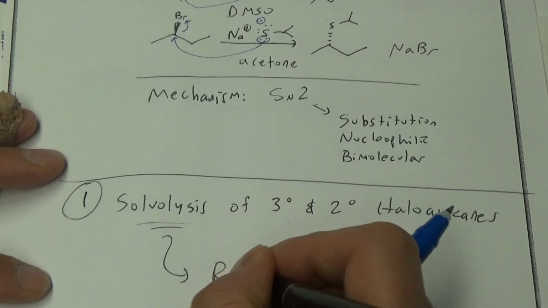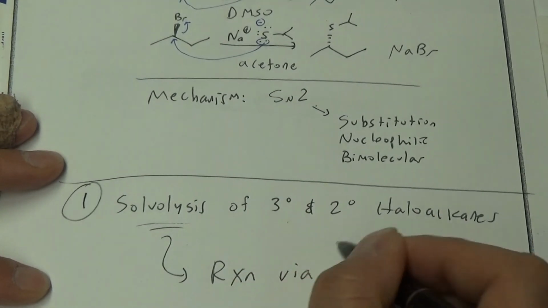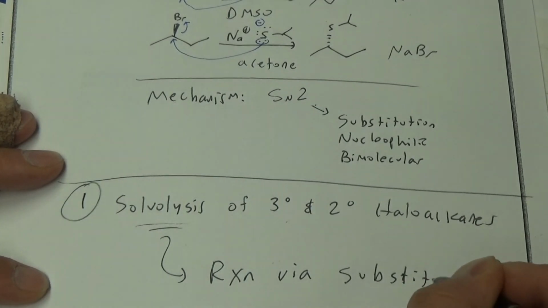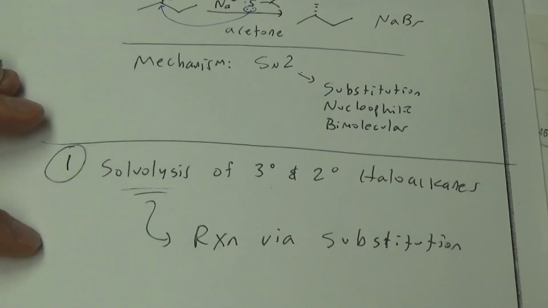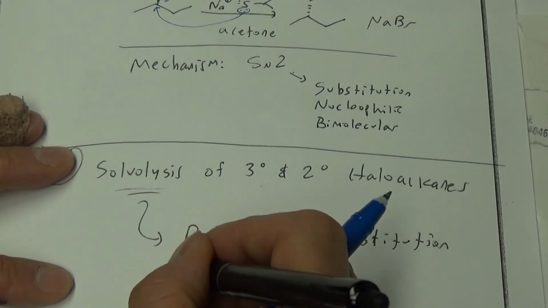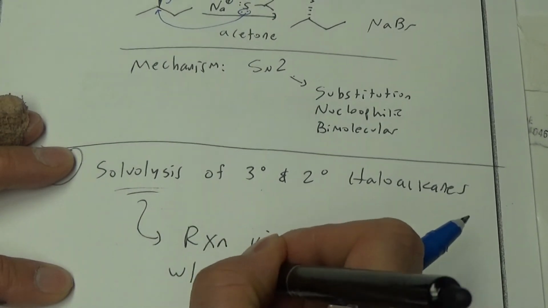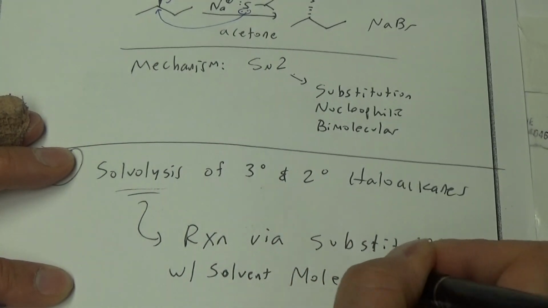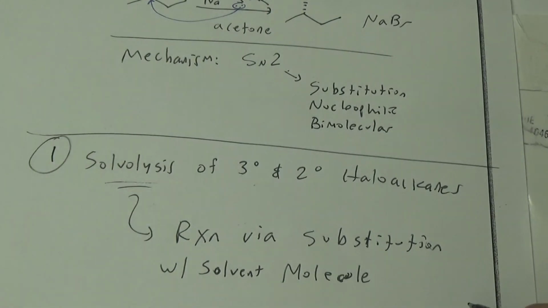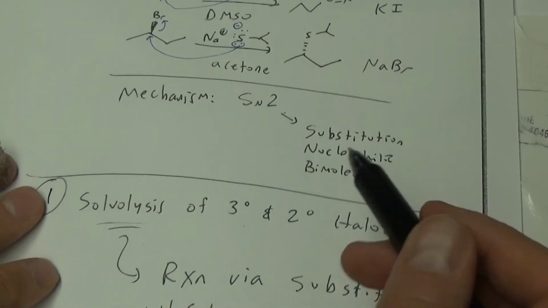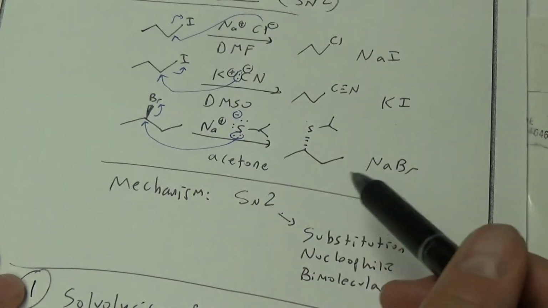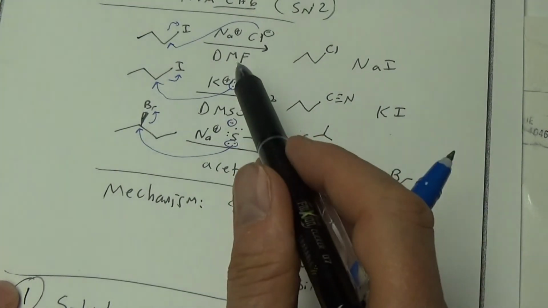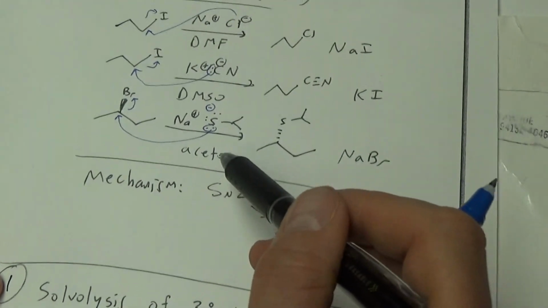Okay, so what's going to be our definition of solvolysis? It's going to be a reaction via substitution with a solvent molecule. What's a solvent molecule? Like above, these are acetone, DMSO, DMF. Those aren't really involved in the mechanism aside from just solvating the nucleophile properly.